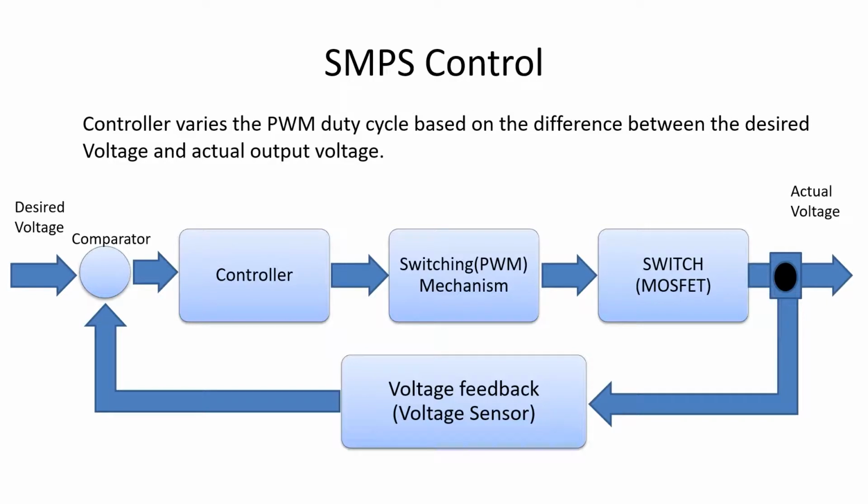Here you can see the reference generator, then we have a comparator, a transducer or sensor, an actuator. The actuator here is the switching mechanism, then we have the controller, then the plant. These are all the various components of the control system.